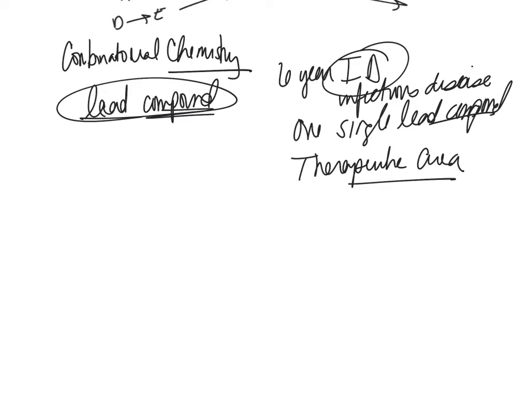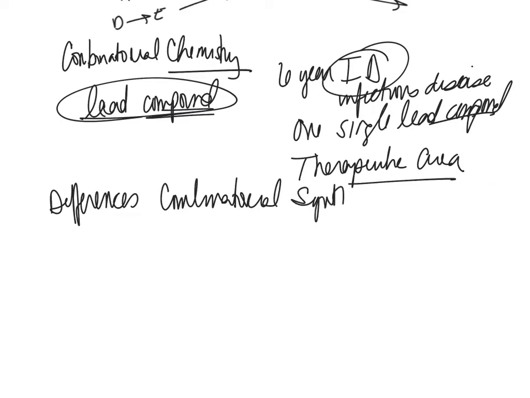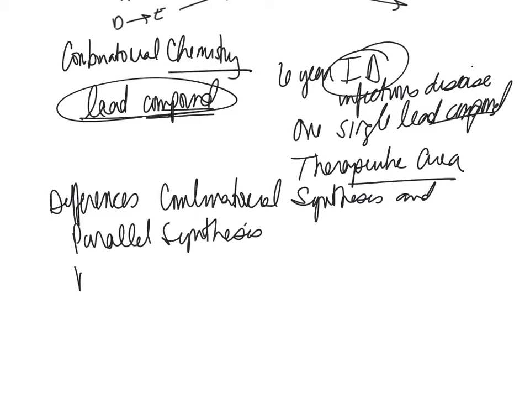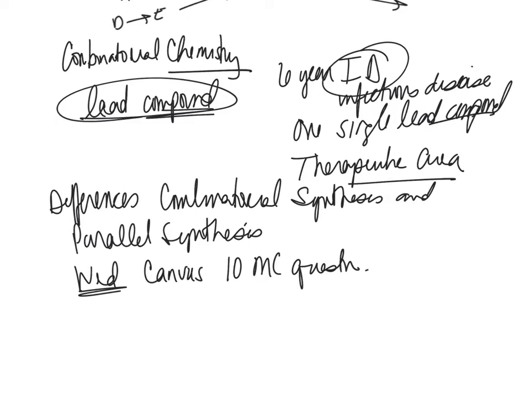So what I want you to know is, what are the differences between combinatorial synthesis and parallel synthesis. And you will have a quiz again on Wednesday on Canvas about these different techniques. It'll be 10 multiple choice questions. So that's what we're preparing you for.